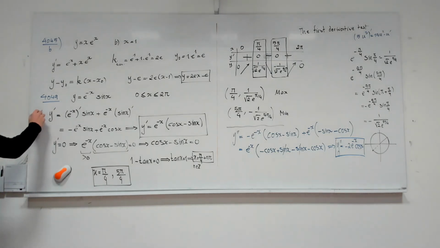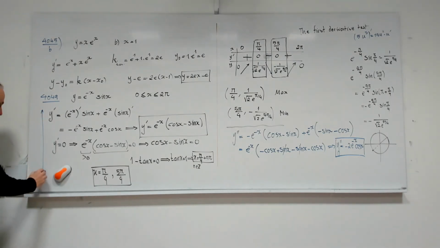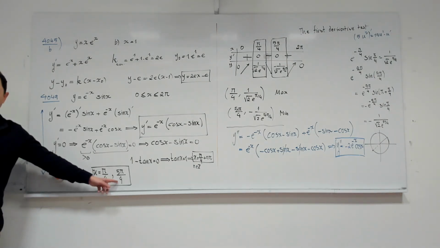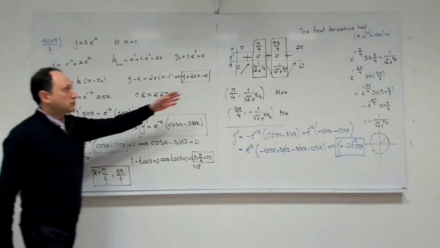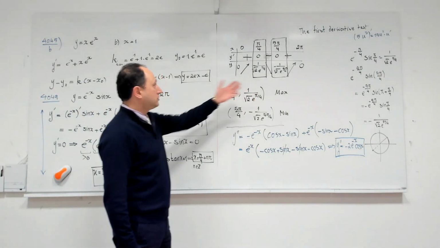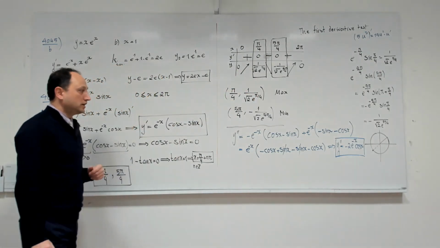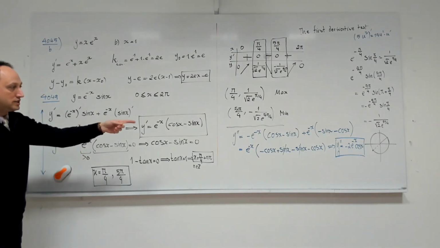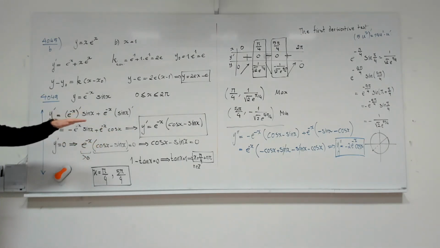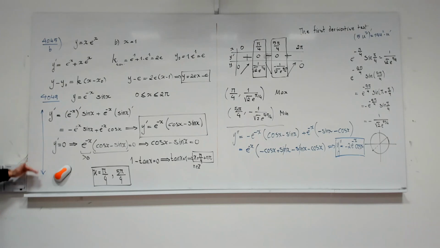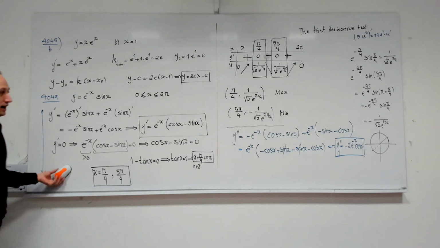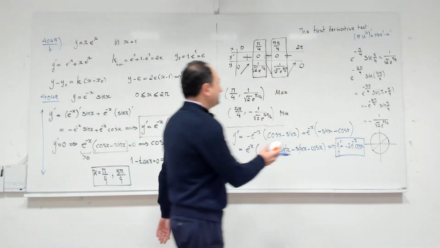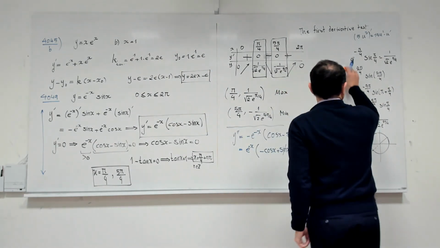So for the second derivative test, everything that I have done here, you have to do it. Because you have to find your candidates. Yes? But instead of drawing this table and then trying to convince yourselves about the signs, you can alternatively use the second derivative test. So the second derivative test shares everything from here to here. And now, what I have to do, let me do it here.